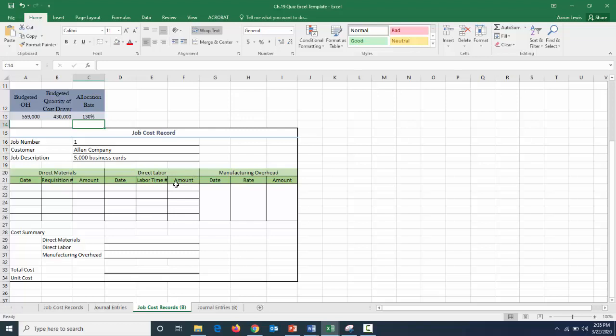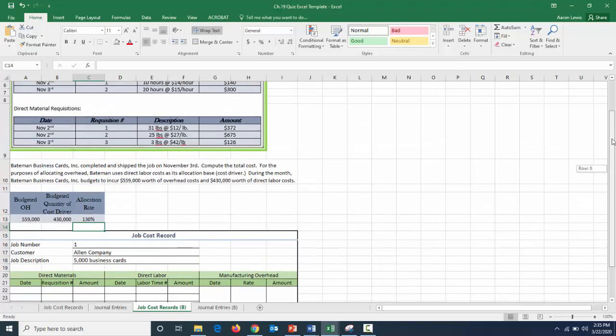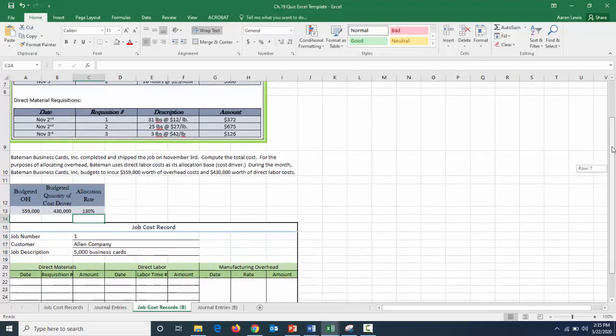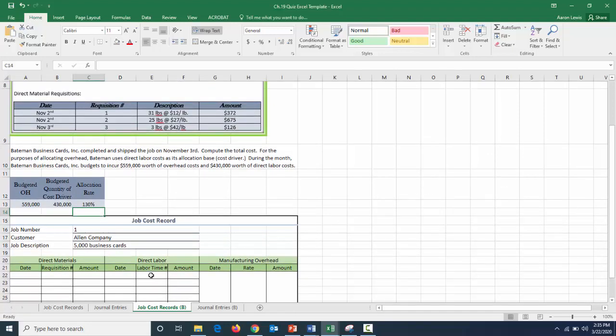Let's start by filling in our direct material section. What we need to do this is our material requisitions during the period. So again, there's 3 material requisitions that you can see up above. Well, let's fill these in over here. On November 2nd, in requisition number 1, we requisitioned $372 worth of materials for use in this job for Allen Company.